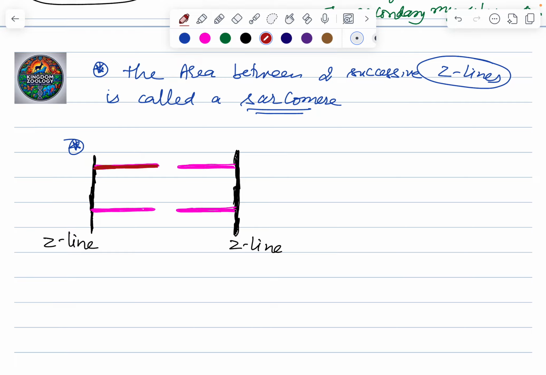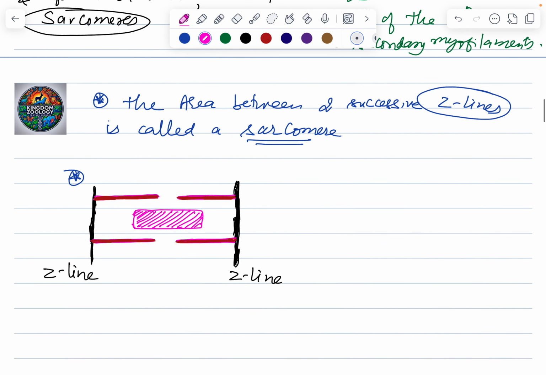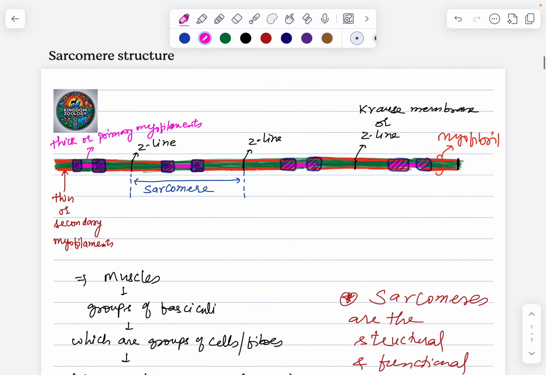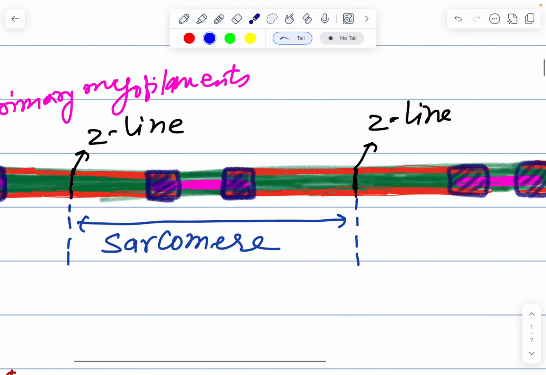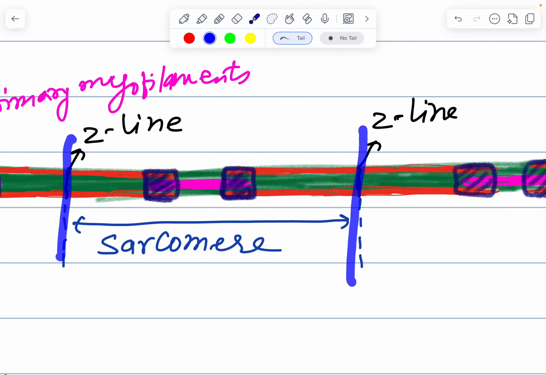Secondary myofilaments are called thin myofilaments, obviously because of their thin nature, right? And between them there is a thicker structure or a thicker rod, which is called the primary or the thick myofilament. Now look at this structure and compare it with what I've drawn over here. It's the same. Over there what we've done is two Z lines, thin secondary myofilaments, and in the center a thick myofilament.